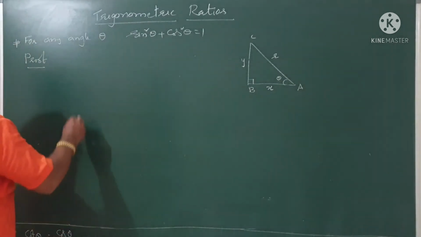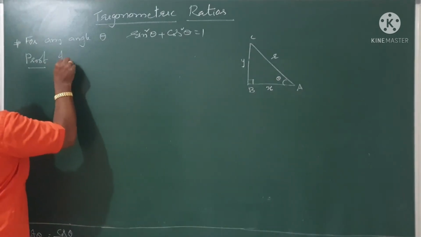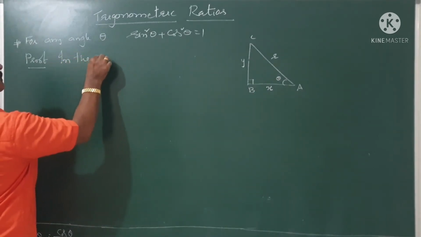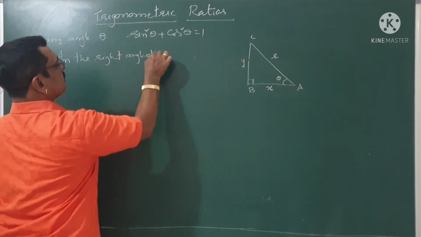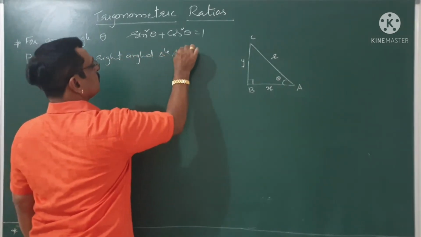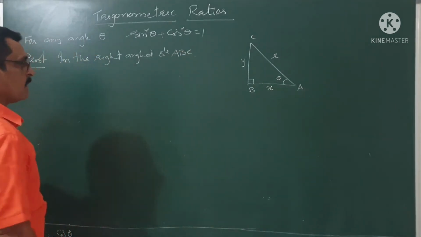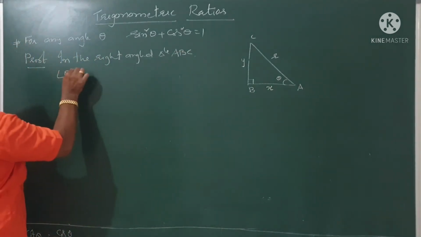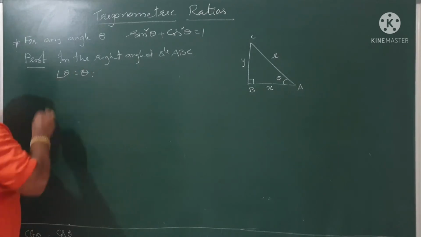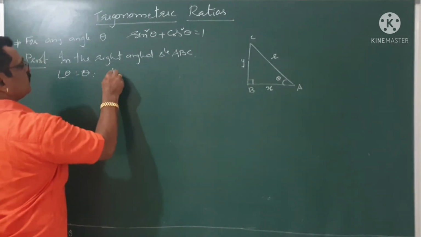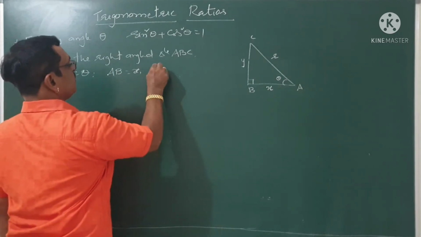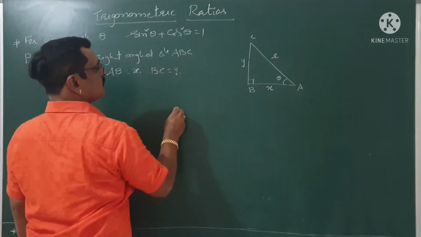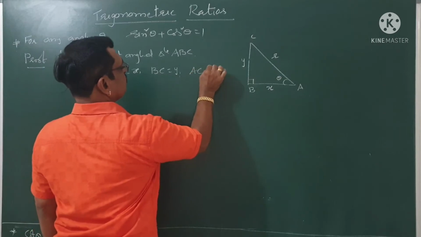So, in the right angle triangle ABC, angle A is equal to theta, and AB, the adjacent side, is x, BC, the opposite side, is y, and hypotenuse AC is equal to r.